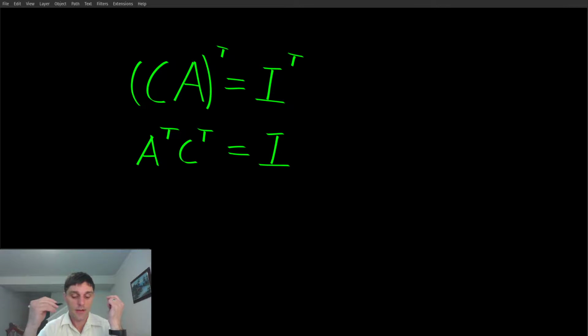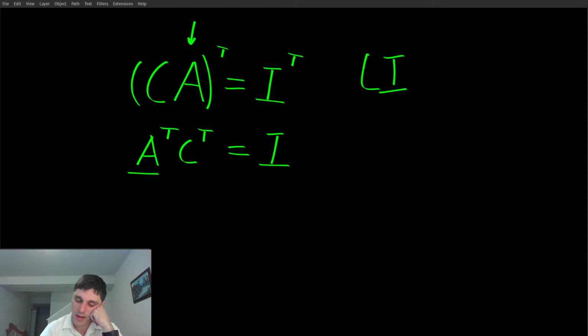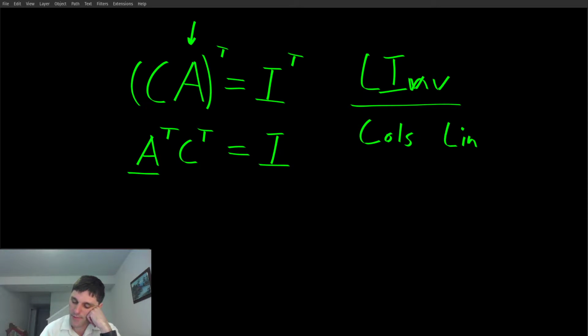And if the columns of A are linearly independent, that means the rows of A transpose are linearly independent. And so it's going to turn out to be the case that for the left inverse, the columns are linearly independent, and it's square or overdetermined. I'm trying to abbreviate just because it takes a long time to write all these words.